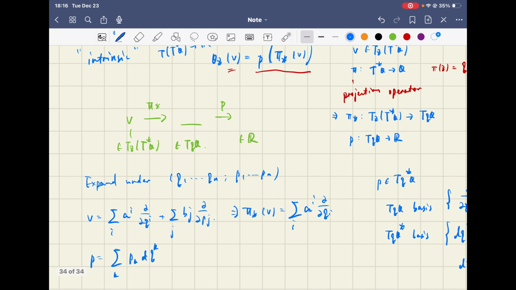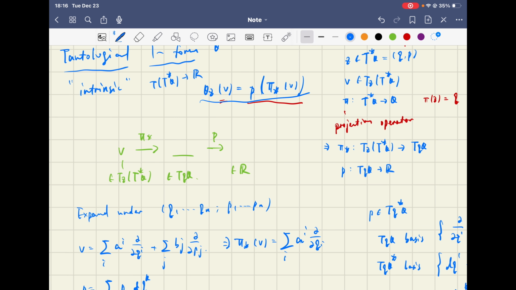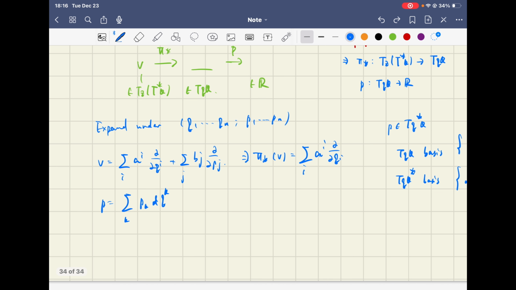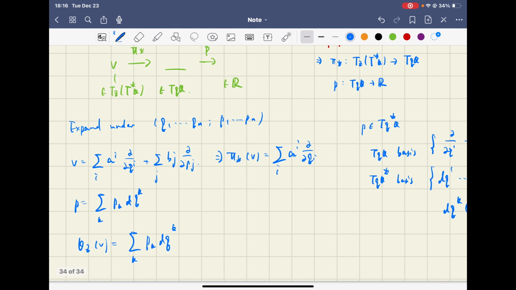Okay, and we sub this all back into the definition equation, and we will try to derive the expression for theta. So theta zv is going to be equal to first p, then pi star.